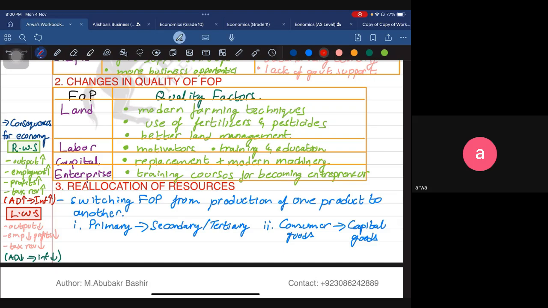My question is that when the aggregate demand is low and it is prolonged, it can lead to recession, right? And in the 1930s, the same thing happened: there was lower aggregate demand because massive unemployment was there. People did not have any money to spend, so aggregate demand was low.